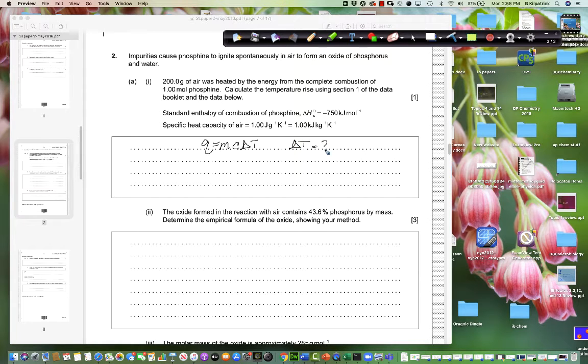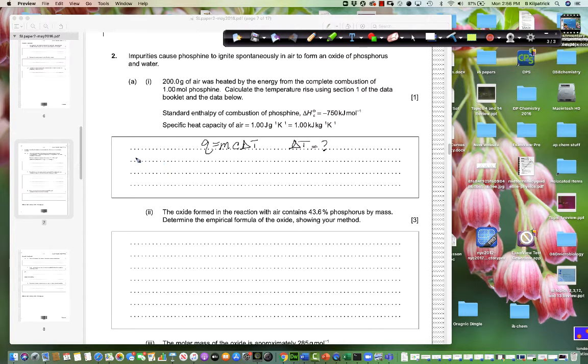We want to know how much the temperature is going to change. What we're doing is heating up 200 grams of air as we burn 1 mole of phosphine. So we're burning the phosphine, we have a container of air, and we're heating it up.